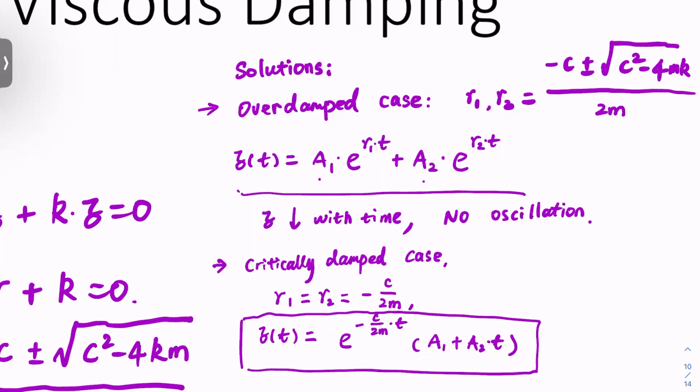Okay. That exponent is C on the top. Yep. Basically, the c over 2m, that's the roots.